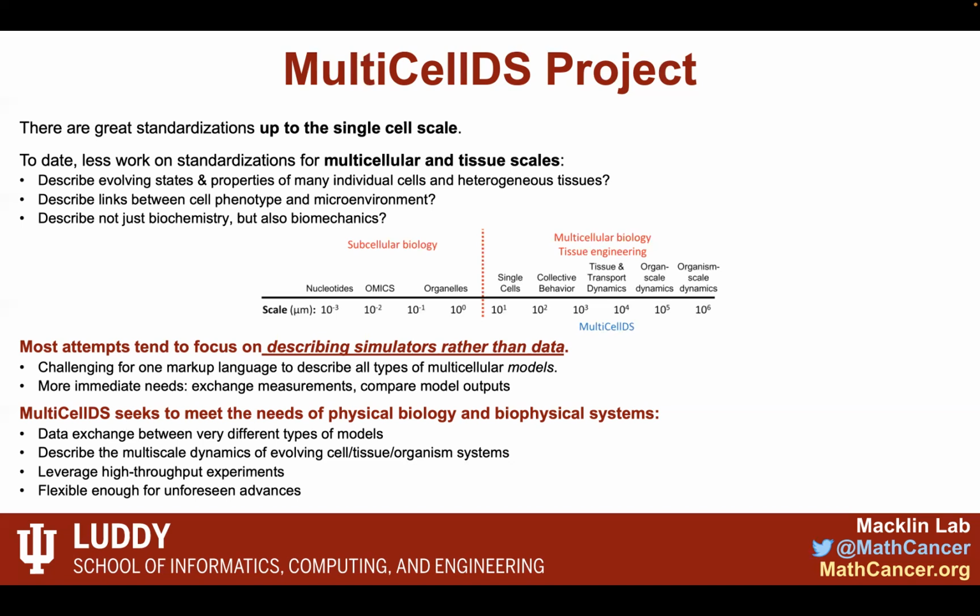And so we want to come up with a markup language that described not necessarily the depths of the models, but we just want to say, can we characterize the key behaviors in these models, things that we all agree on, like cell cycling, cell death, motility, maybe secretion and diffusion of chemical factors. Can we write down those things that we all agree on as inputs or biophysical characterizations of key processes, and characterize them in a way that's model agnostic?